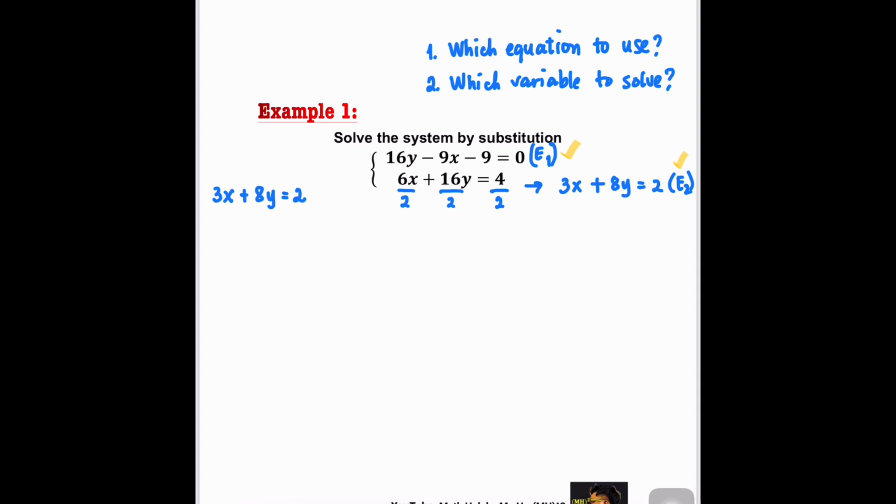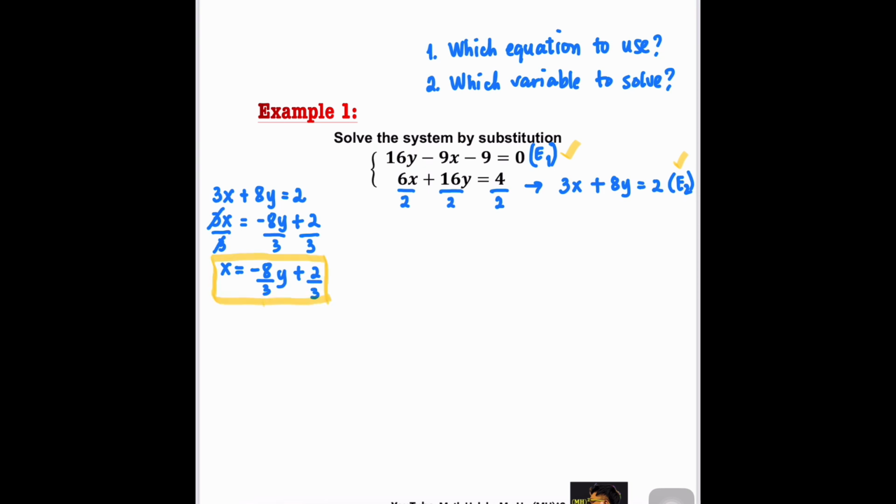Let's solve for x from equation 2. So 3x will be equal to negative 8y plus 2. Then we need to solve for x from here, so we divide all the terms by 3, and we'll have x equals negative 8 over 3 y plus 2 over 3.